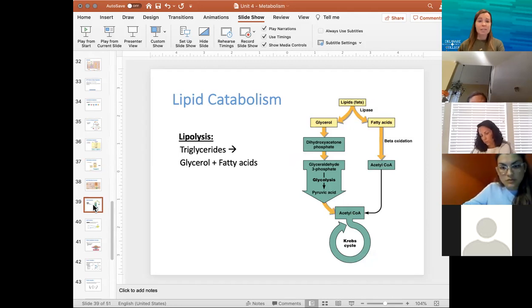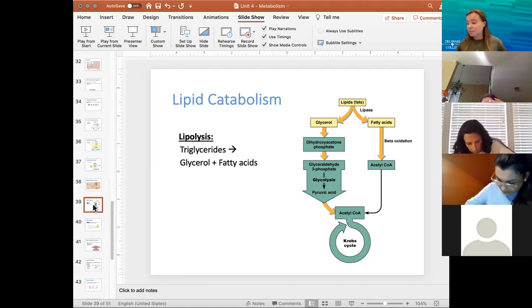In the process of breaking down lipids, you may have ketogenesis. Do you guys see the term ketogenesis, just a little further down in the outline? Ketogenesis is the formation of ketone bodies.